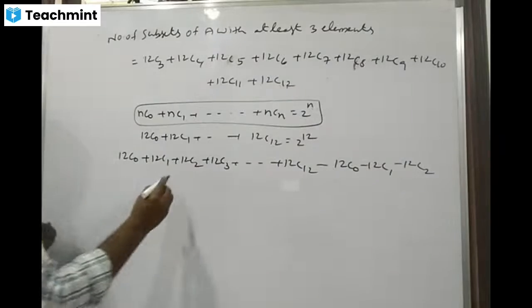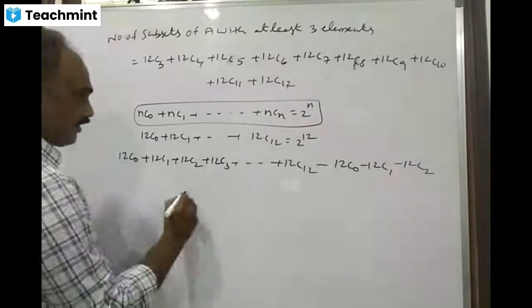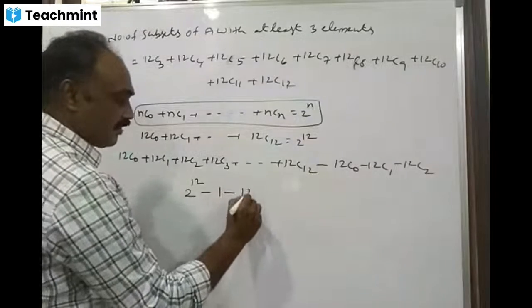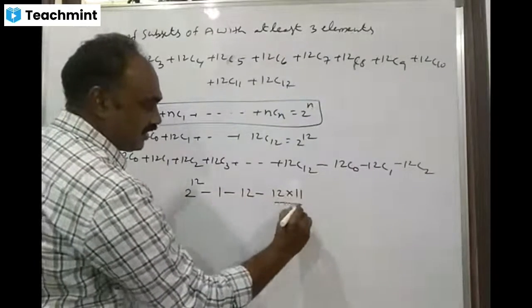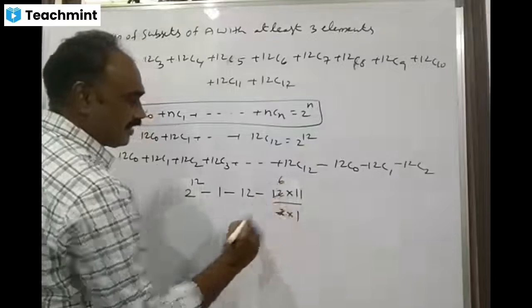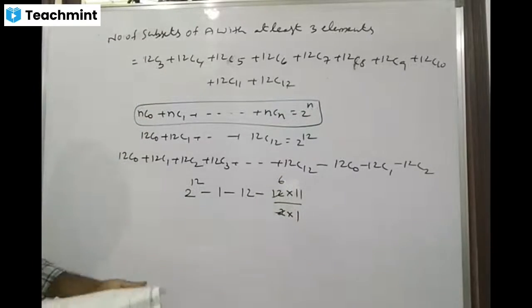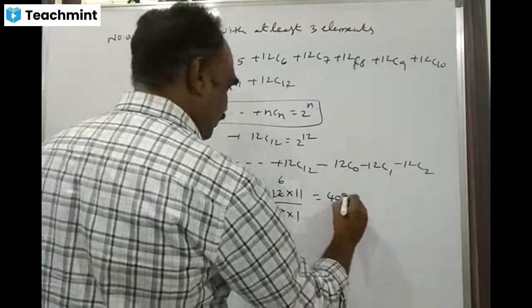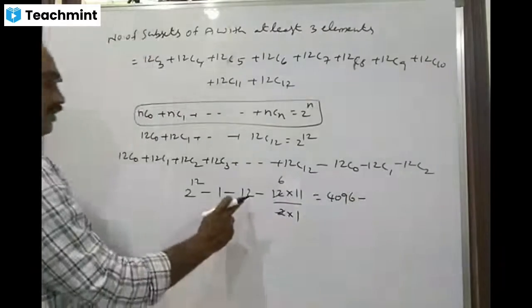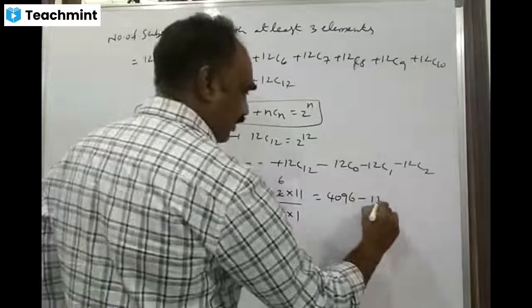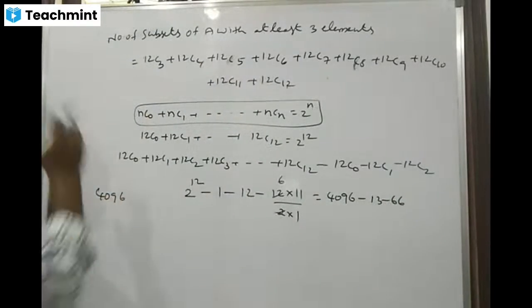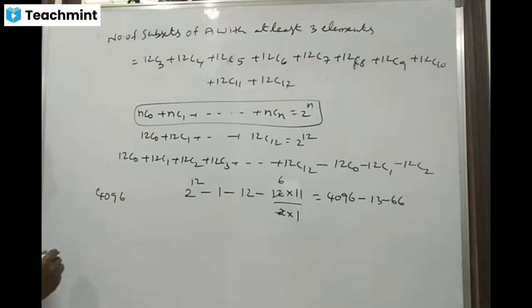Friends, 12C0 plus 12C1 plus up to 12C12 is 2 power 12, minus 12C0 which is 1, 12C1 which is 12, and 12C2, which is 12 into 11 by 2 into 1, that is 66. 2 power 12 is 4096, minus 1, minus 12, minus 66. 66 plus 13 is 79.